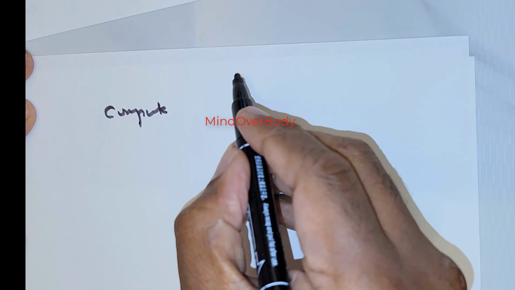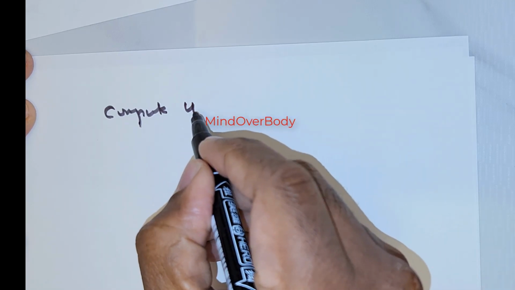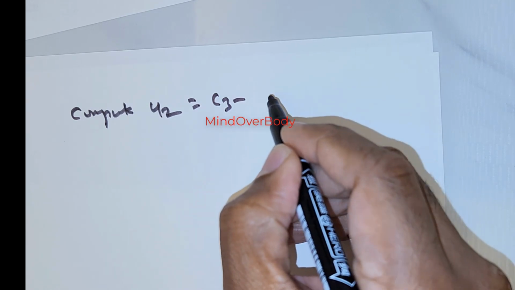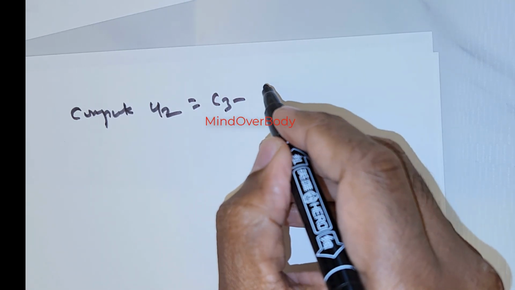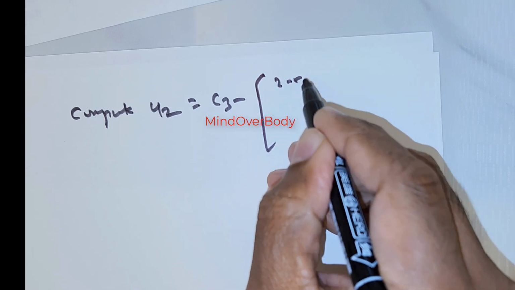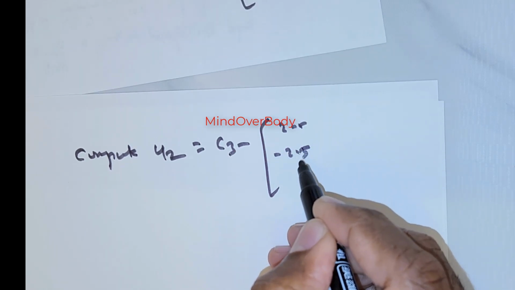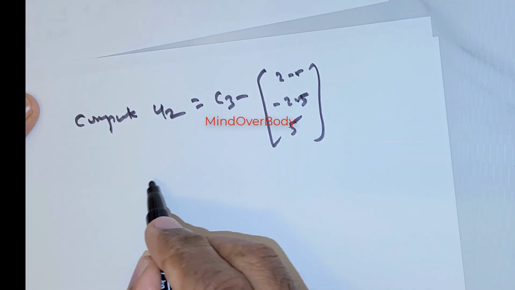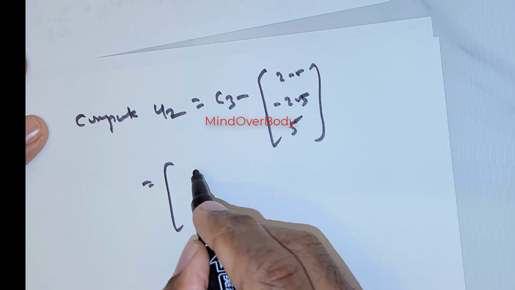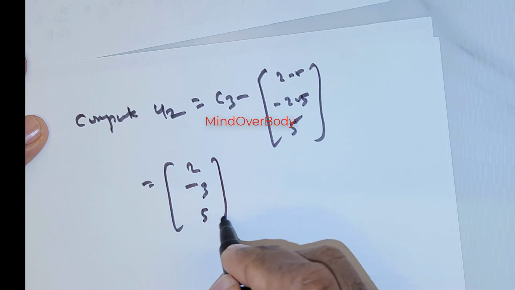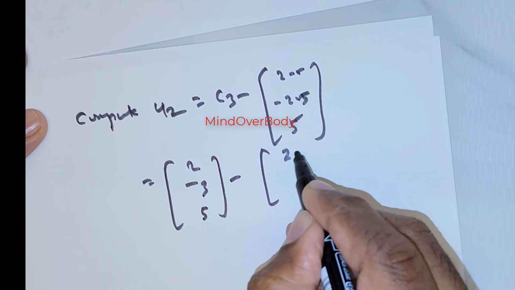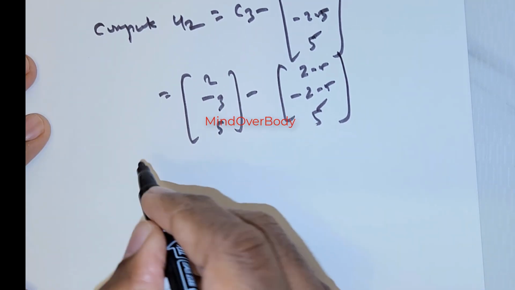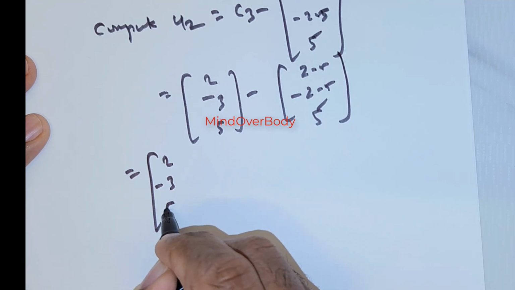The next step is we compute u2, since we started off stating that u1 and u2 be the vectors. U2 is actually C3 minus 2.5, negative 2.5 and 5. So this is C3, which is 2, negative 3 and 5, minus 2.5, negative 2.5 and 5.